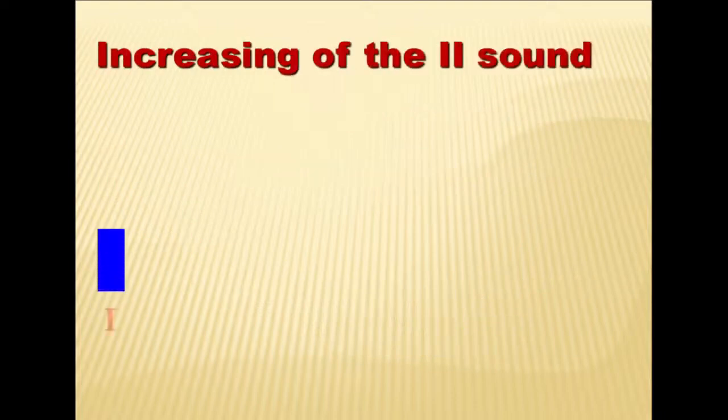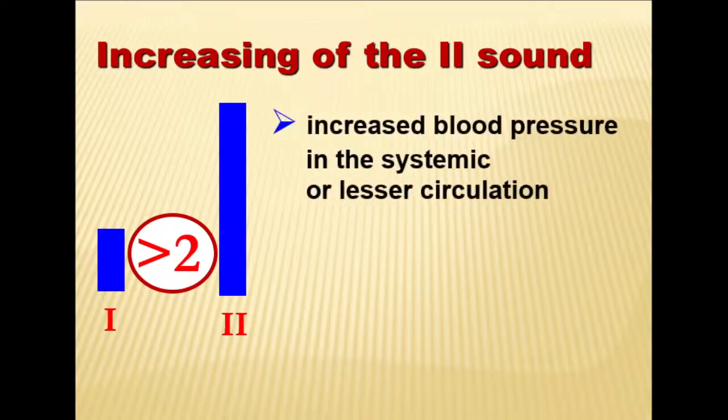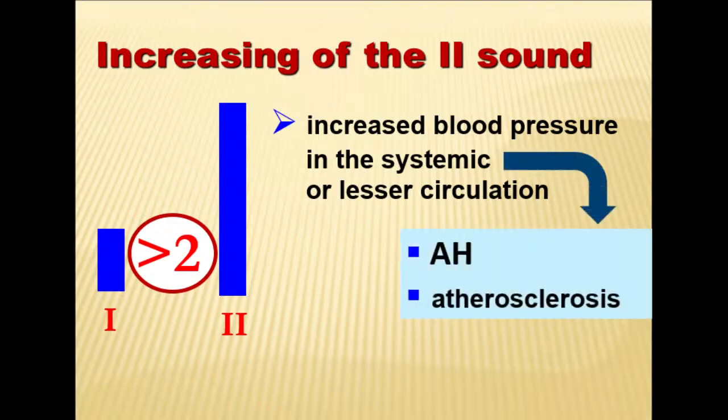Second sound is increased when it is heard more than 2 times louder compared with the first sound. Why? Because the semilunar valve closes more intensively. First of all, it is increased blood pressure in the systemic circulation over the aorta, or lesser circulation, due to arterial hypertension or atherosclerosis.